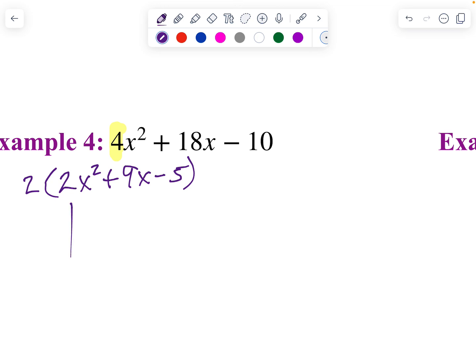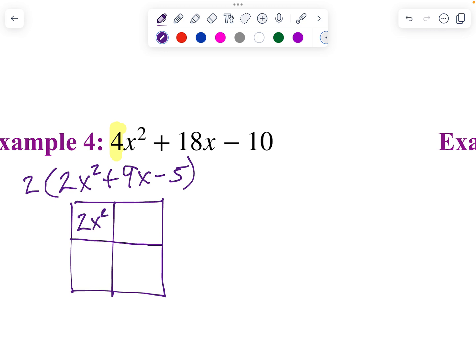Now, when you have a leading coefficient, you must use the box. I'm going to kind of ignore that 2 up front. I'm going to write 2x squared here and negative 5 there. Now, when you have a number in front, we're going to use what's called the AC method.